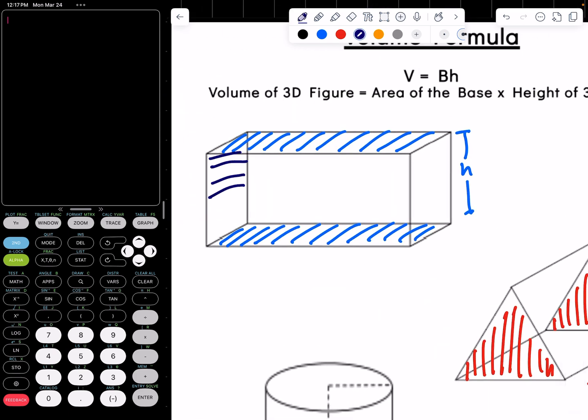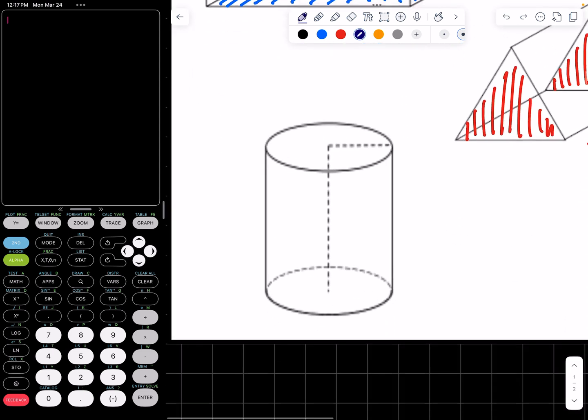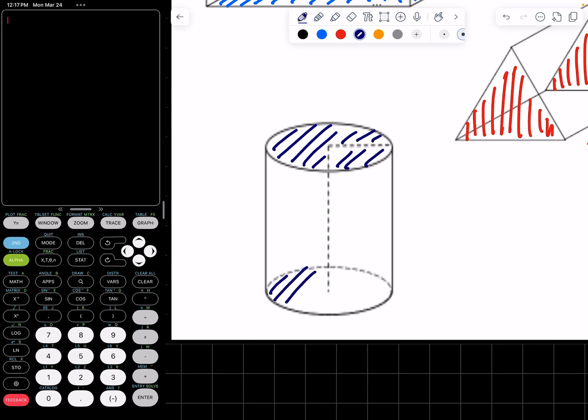It could be the left and the right side, and if that were the case, then my height would be what connects those two bases. So it really doesn't matter what you choose as long as you're choosing something that does indeed connect with its other base.